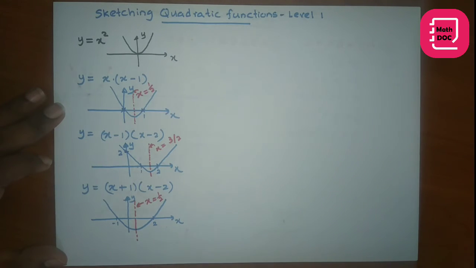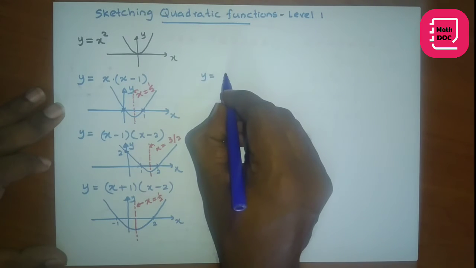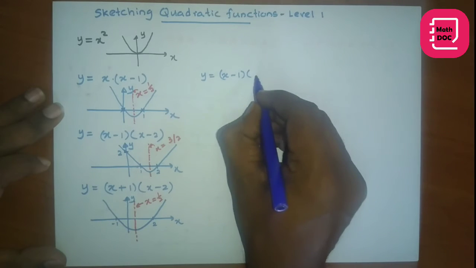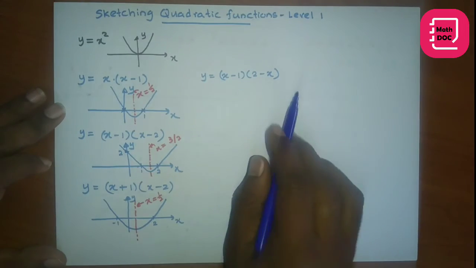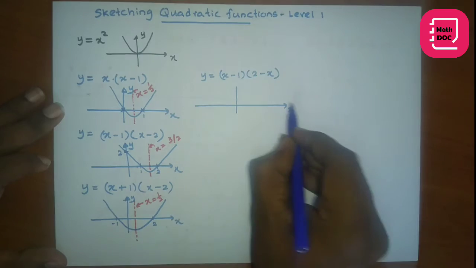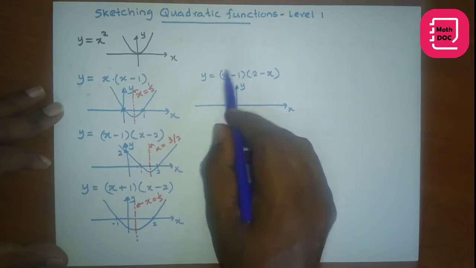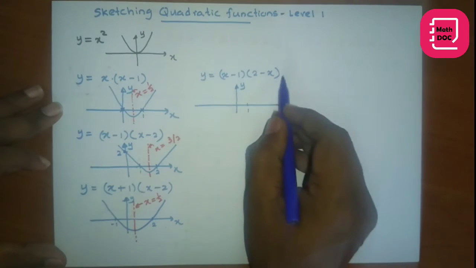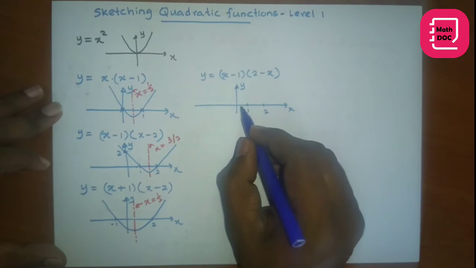Now consider another one. Y equals (x minus 1) times (2 minus x). That is also given in factor form. Let's sketch it. Here x-axis and y-axis. Here this factor gets 0 at 1, mark it here. Here this factor gets 0 at 2, mark it here. Then you need to sketch a function passing through those 2 points.